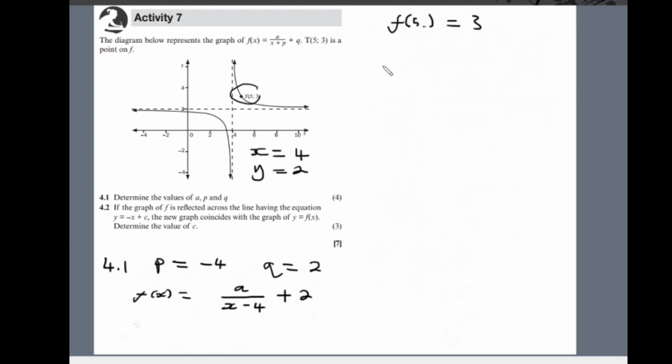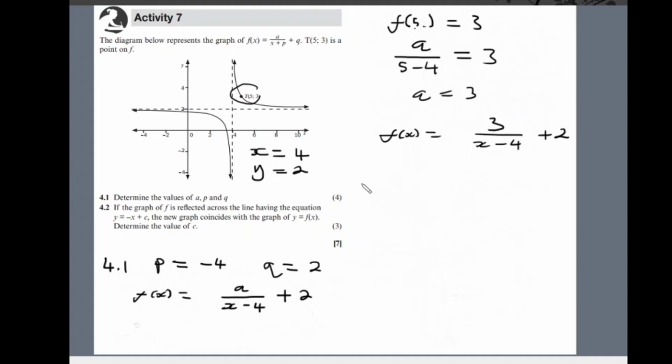Wherever I see x, I'll put 5. Then I'll have a over 5 minus 4 is equal to 3, which means a is equal to 3. So f of x is equal to 3 over x minus 4 plus 2.